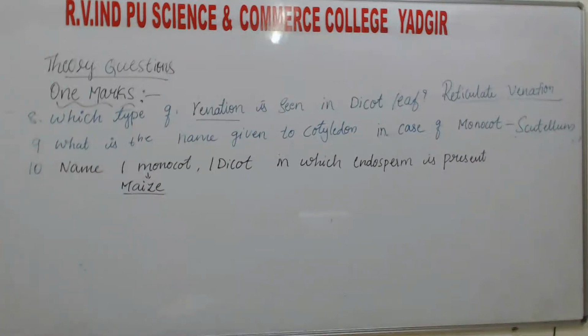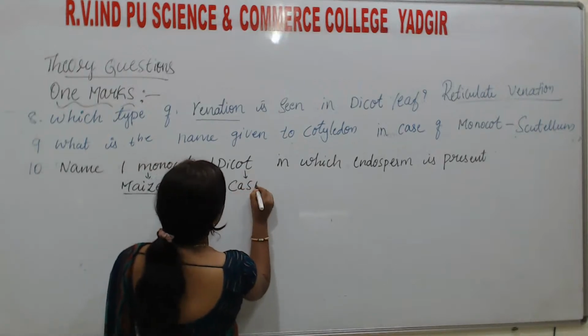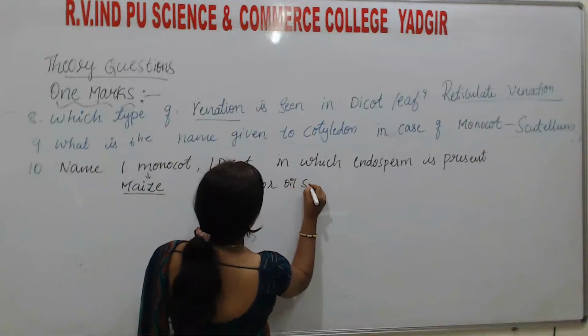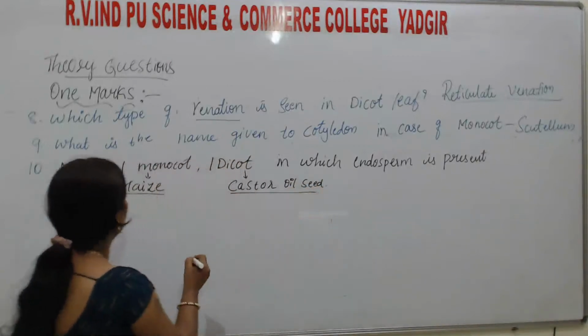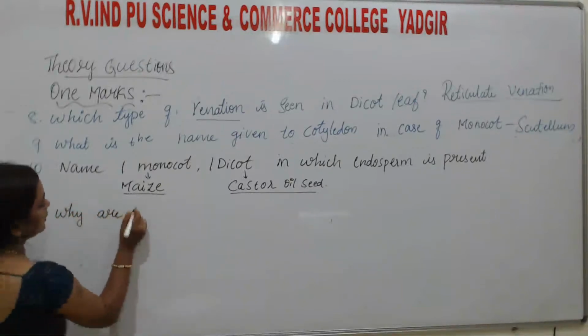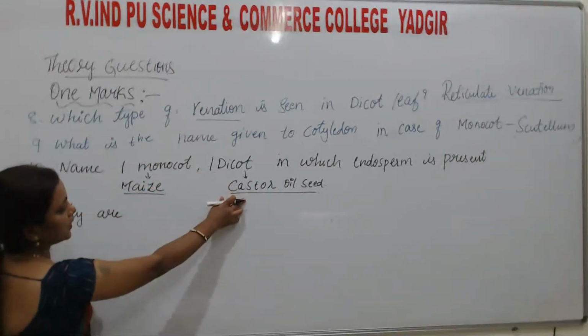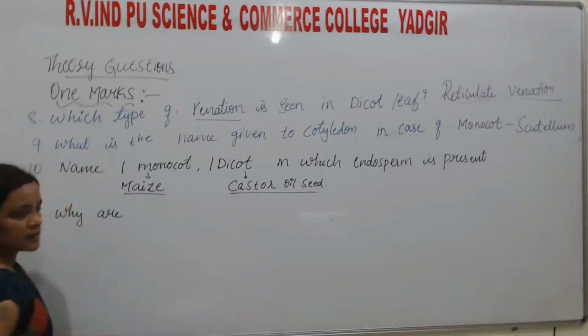Maize is one example. Dicot, castor oil seed. Answer: castor oil seed. These are the answers. One monocot, one dicot, that is one example we have to give, castor oil seed.